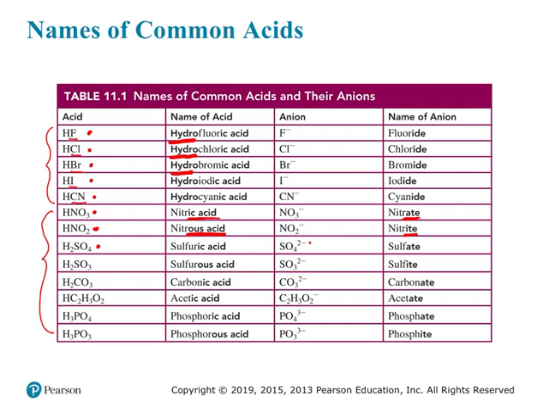In this case, we have sulfate as our polyatomic ion, so the acid name would be sulfuric acid. Now, what if we have SO3 instead of SO4? That is sulfite, so we would name that sulfurous acid. And the trend continues going down the list.